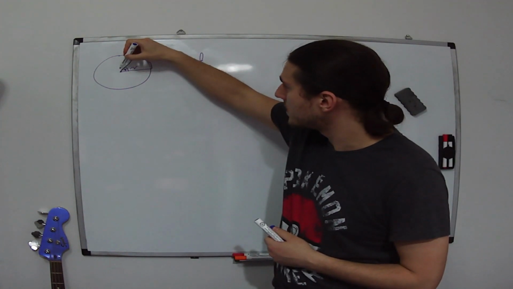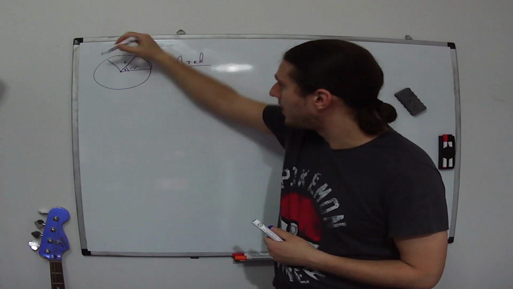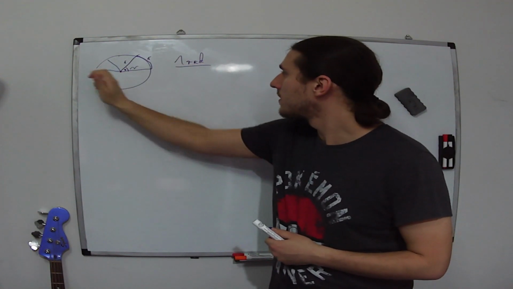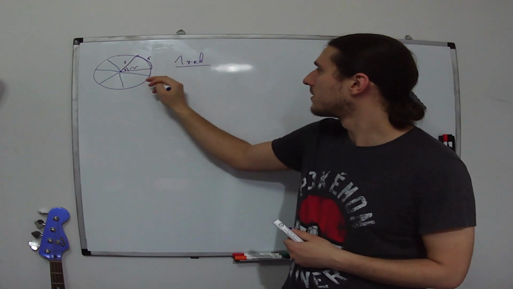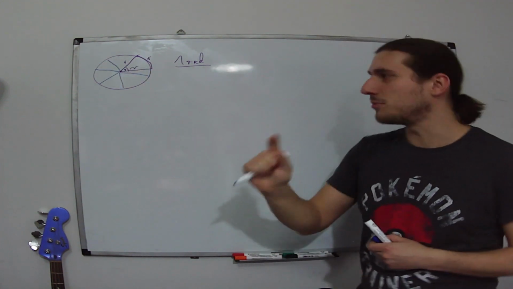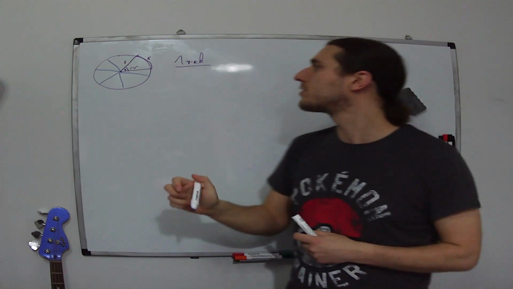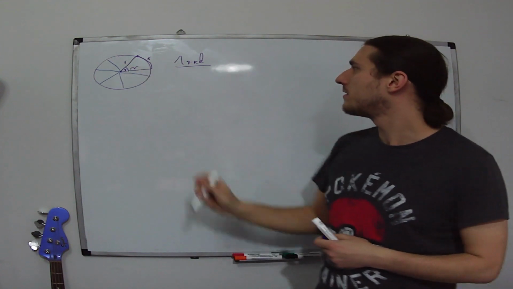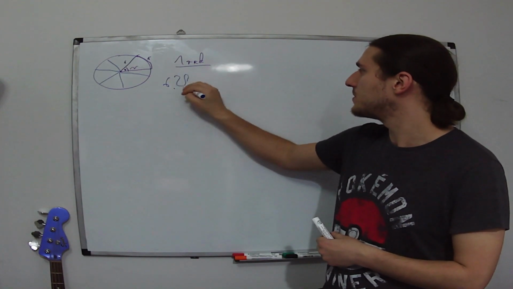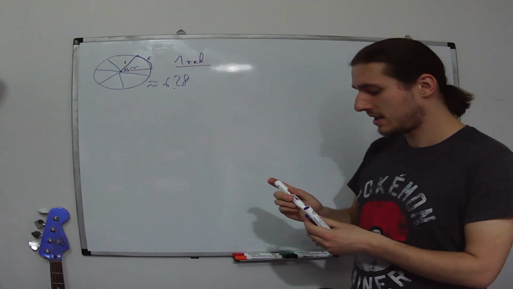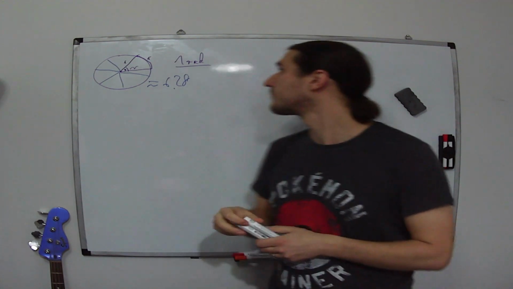So this is going to be a terrible drawing, but there is approximately 6 and a little bit, 6 and just over a quarter of radians. There's actually about 6.28 radians in 1 full rotation. Cool.